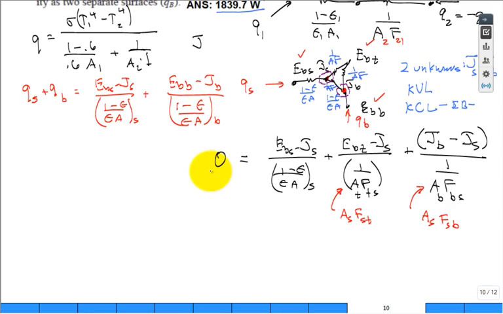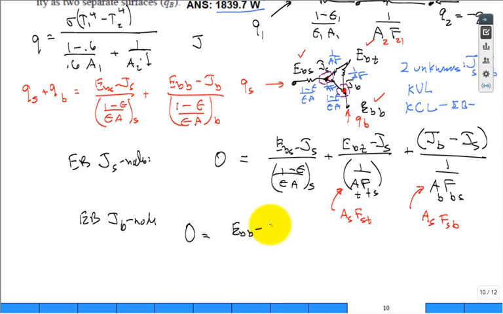That equation has two unknowns. We get another equation, which is the energy balance for the JB node. Okay, so 0 is equal to, it looks very similar. It's going to be EB of the bottom minus J of the bottom divided by 1 minus epsilon over epsilon A of the bottom.